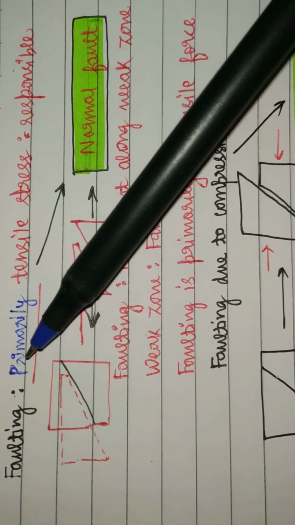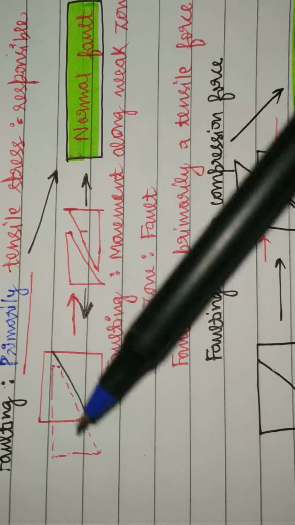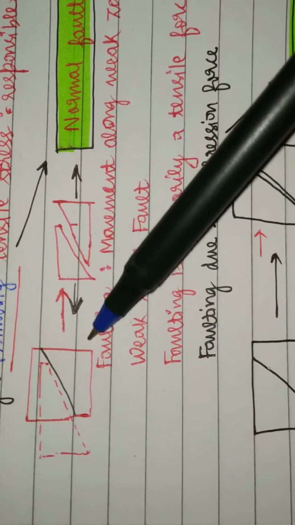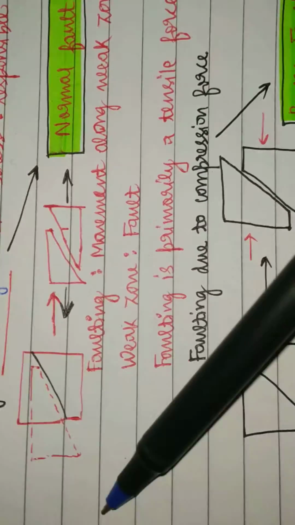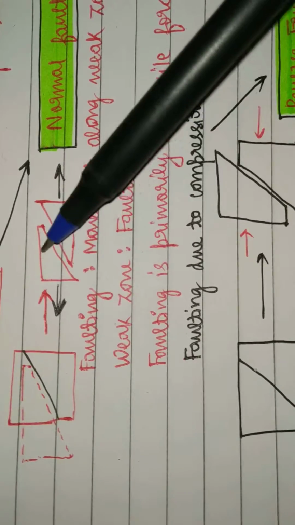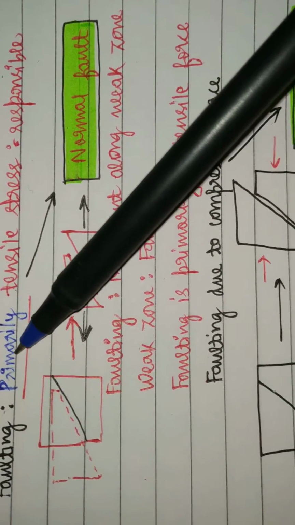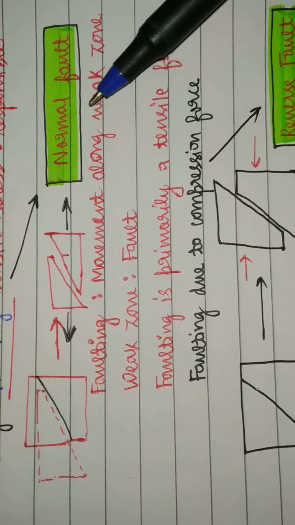Now, since mainly faulting happens through tensile stress, this is the scenario when the tensile stresses are applied, the block moves to this side, okay, and since this is the primary force and hence normal, okay, normally it's seen, hence normal fault.